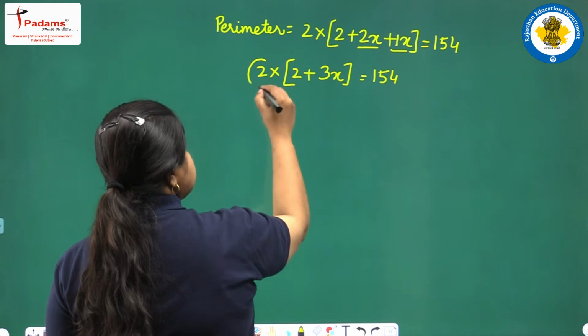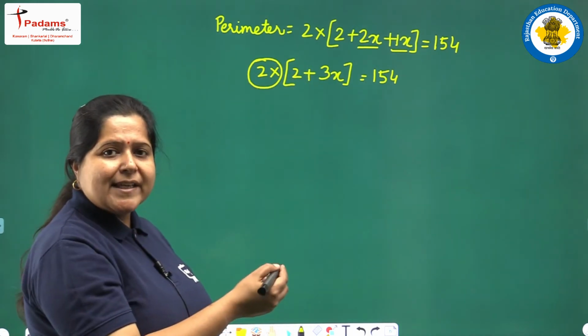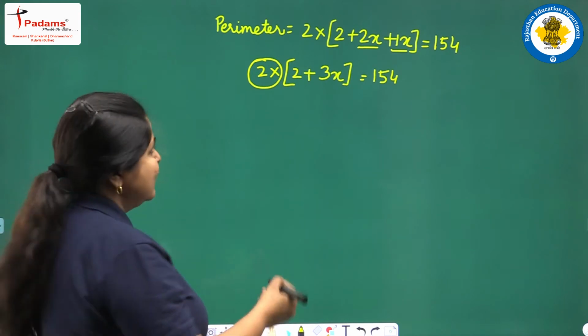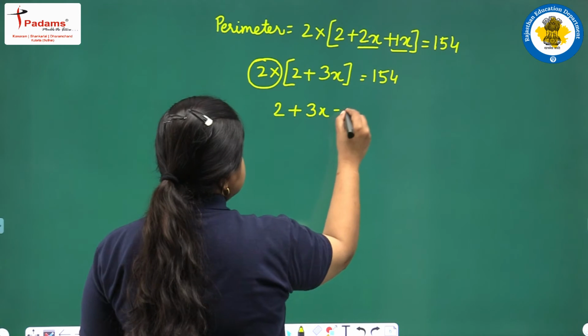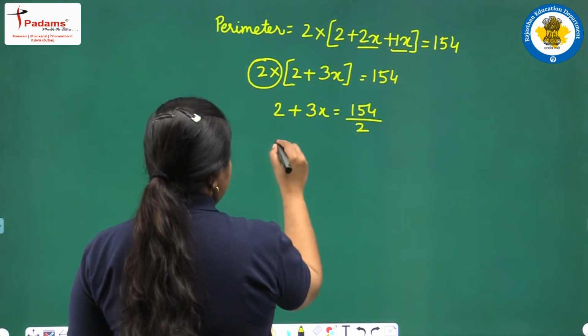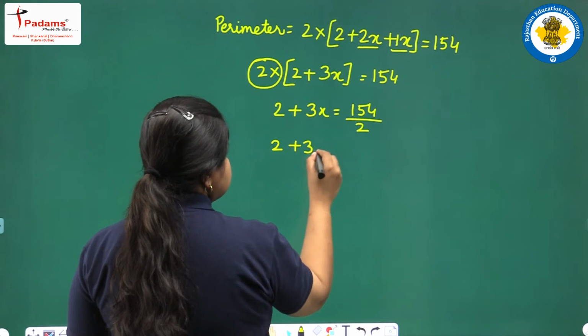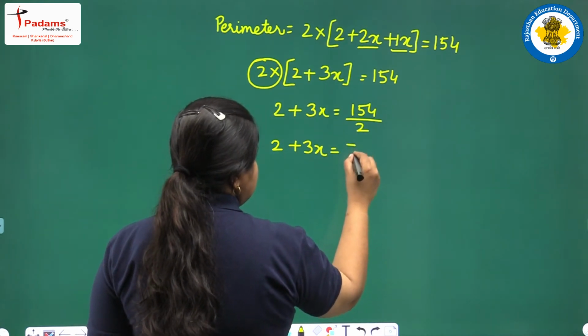Now, this 2 is in multiplication here. When we transpose it to the RHS, it will go in division. This will leave 2 plus 3x equal to 154 upon 2, or 2 plus 3x equal to 77.